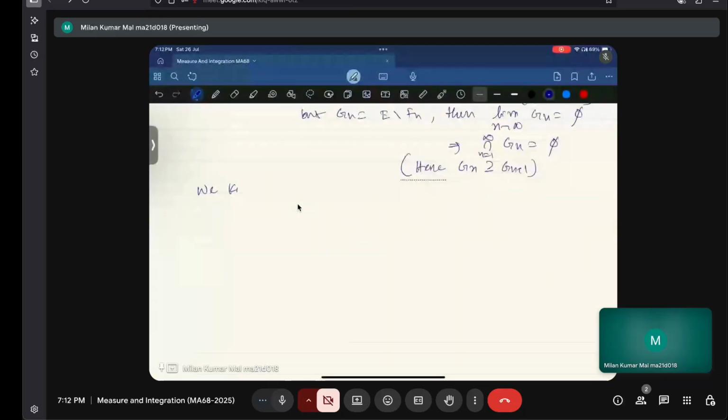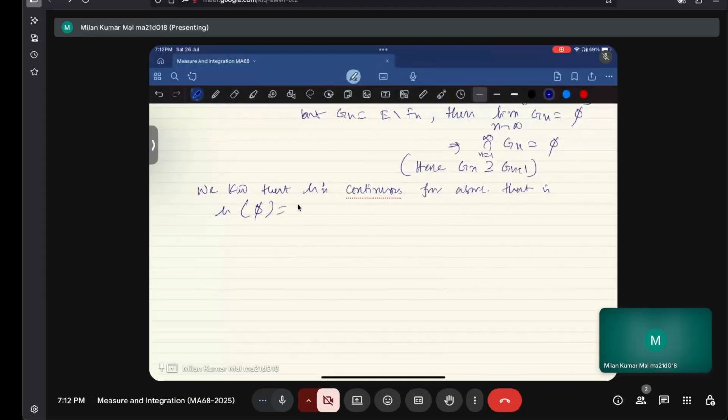But as we know, mu is continuous from above, that is, mu of the empty set is equal to the limit as n tends to infinity of mu of Gn.